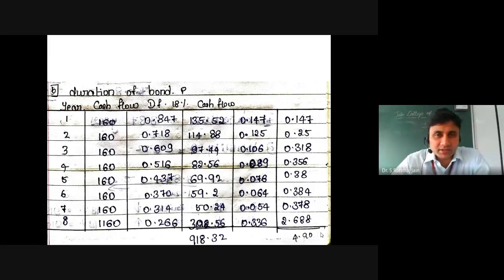Please see the values. At 18%, year 1 to 8, that is 0.847, 0.718, 0.609, 0.516, 0.437, 0.370, 0.314, 0.266. Remember, students, the tables will be provided to all of you in the examination. Nothing to worry. Then how do I get the value of the fourth column?